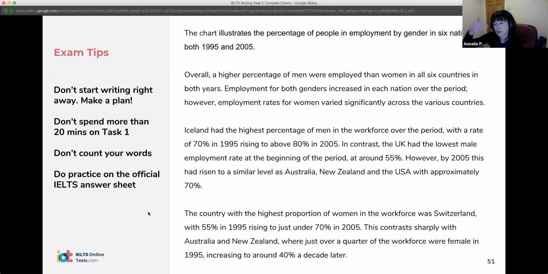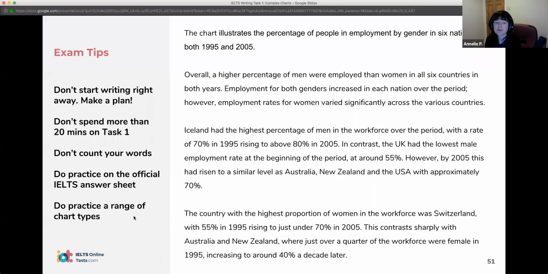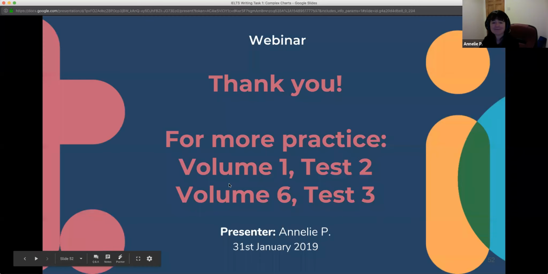Okay, so then when you come to the exam, you will be able to see, yes, okay, I'm definitely over 150 words here, and know what it looks like in handwriting. And lots of practice. There's many different types of charts, so make sure that you've done the practice with all of them. Okay, so thank you very much.